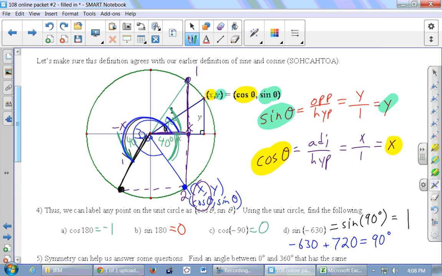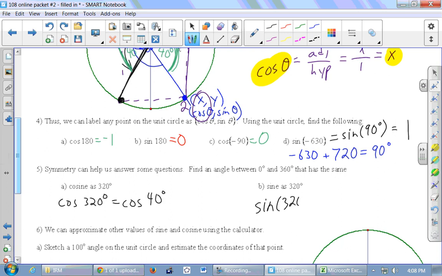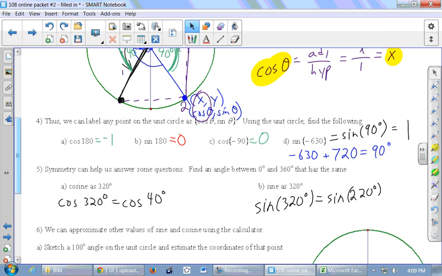Well, that angle is 180 to there plus another 40 to there, which makes 220 altogether. So then we can write another fact here that the sine of 320 is exactly the same as the sine of 220. Both messy numbers, but they should be exactly the same messy number.